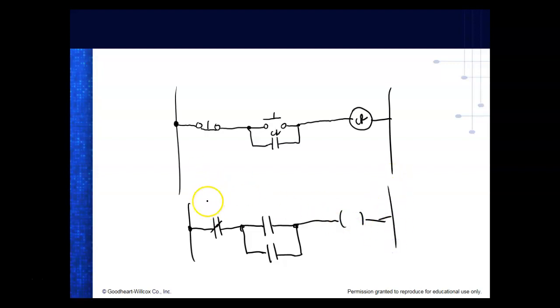And then I would assign this to an input. So let's assign this to input 0. We'll assign this to input 1. And we'll call this output 0.